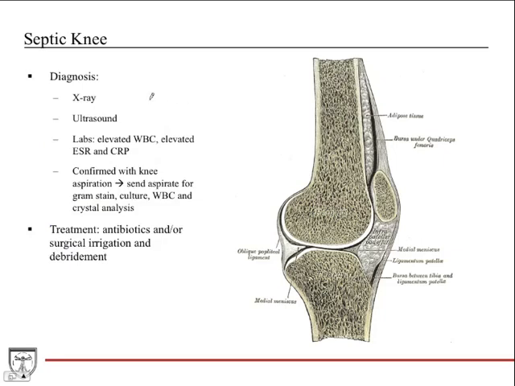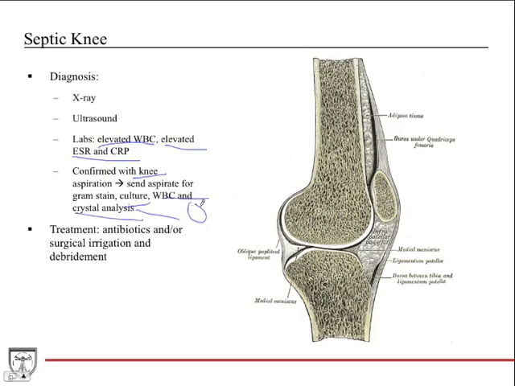So diagnosis, you're going to get an x-ray, ultrasound, you're going to get some labs. You'll see an elevated white blood cell count, elevated inflammatory markers, ESR, CRP. The big thing you'll confirm this with, though, is a knee aspiration. There's a mistake in your book. It says hip aspiration. I apologize about that, so make sure you cross that out and make sure it says knee aspiration. You're going to send the aspirate for gram stain, culture, white blood cell count within the synovial fluid, and then crystal analysis.